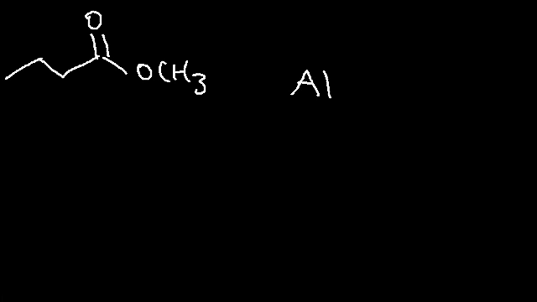So now let's go over the mechanism between an ester and DIBAH. So DIBAH is basically an aluminum atom that has only one hydrogen atom, but also has 3 OR groups.